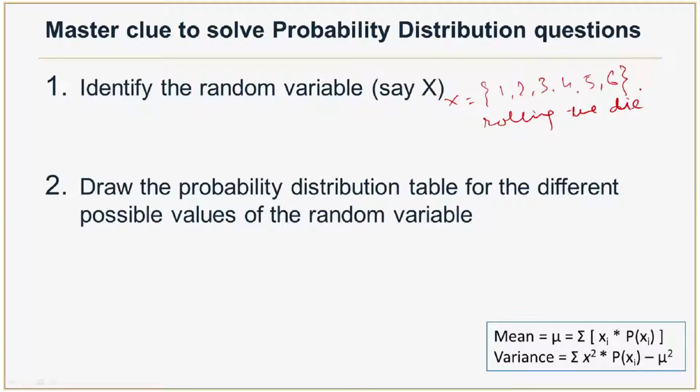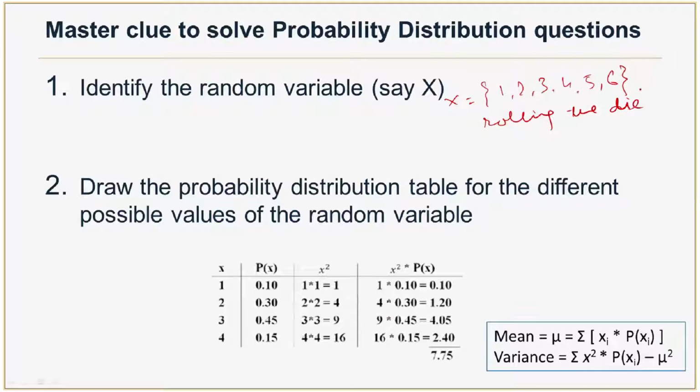Second thing is, you have to draw the probability distribution table for the different values of the random variable. Consider this example, rolling of a die. What is the probability that x will assume the value 1? It's 1 by 6. Similarly, the probability that x will assume the value 2 is again 1 by 6.